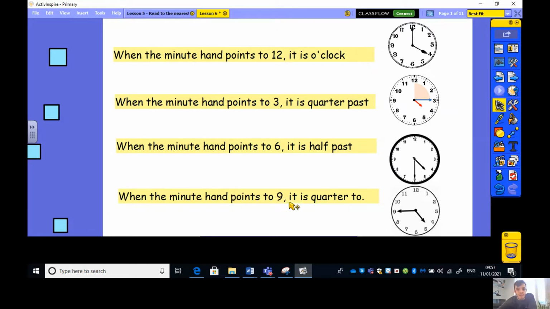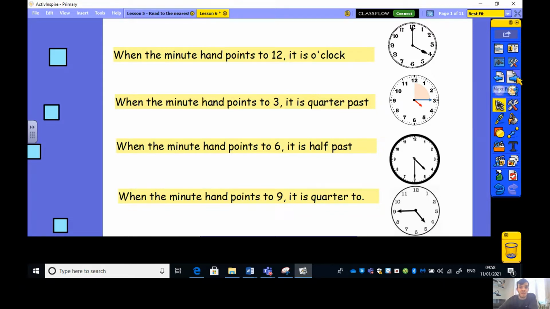When the minute hand points to the 9, it is quarter to the hour. So we know it's quarter to here, but quarter to what hour? Well, the hour hand's between the 4 and the 5. When the hour hand is between the 4 and the 5, and we're talking about times which are to the hour, we choose the greater hour number. So here it is quarter to 5.